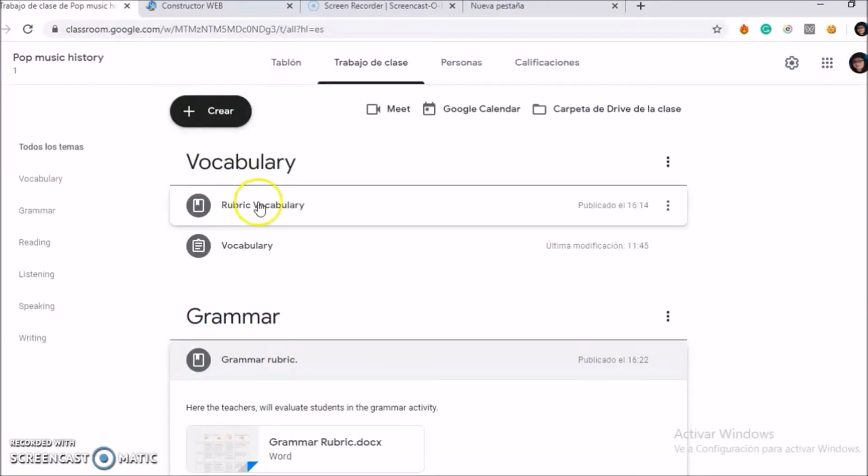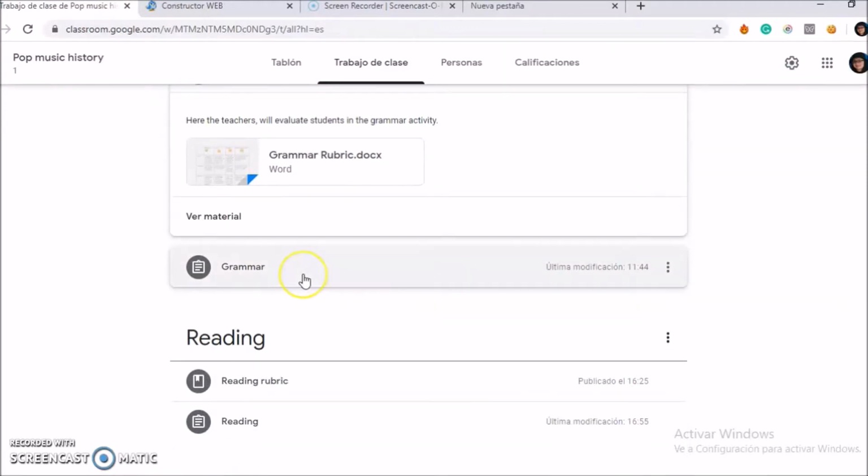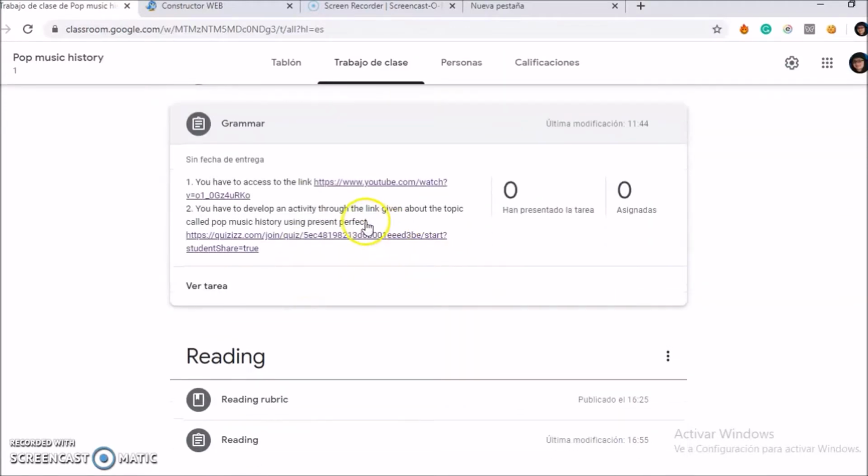So in this part there is the activity. In this they have to watch an explanatory video about the grammar, in this case present perfect.